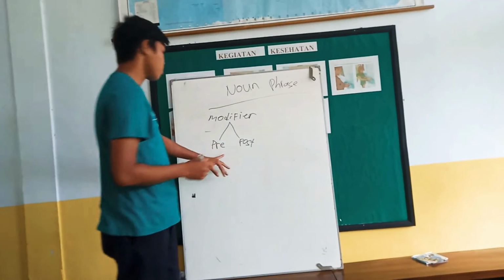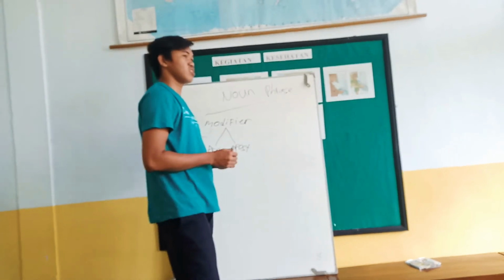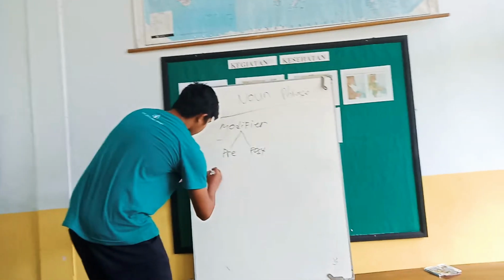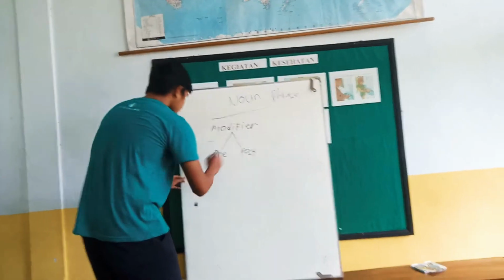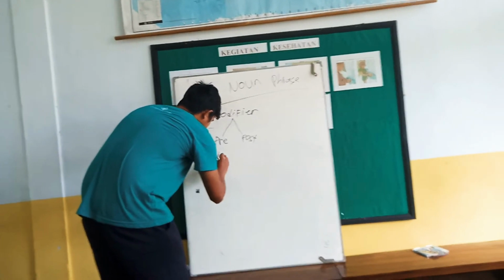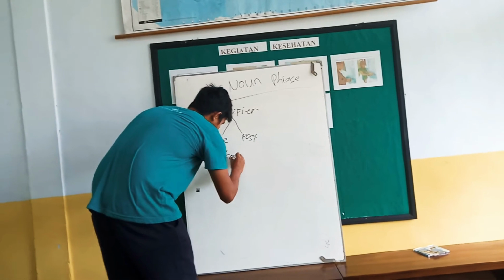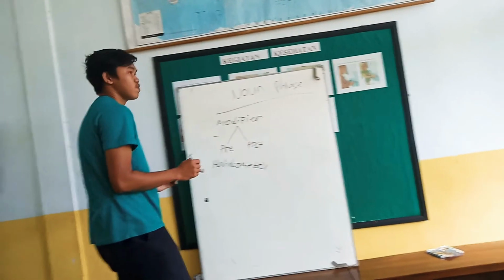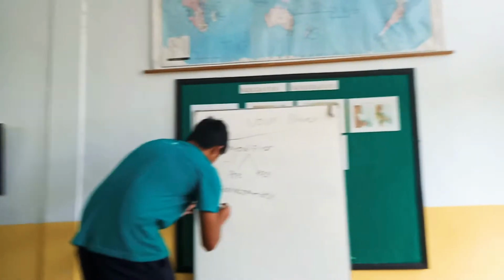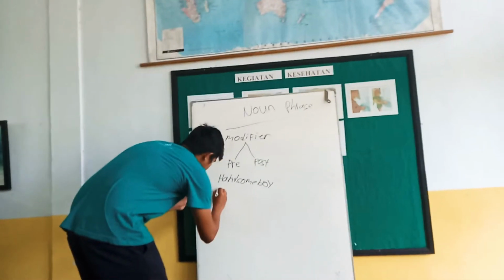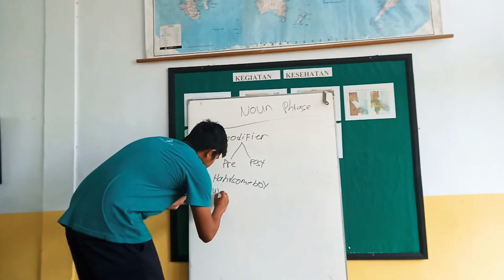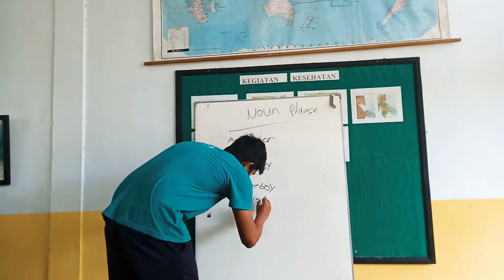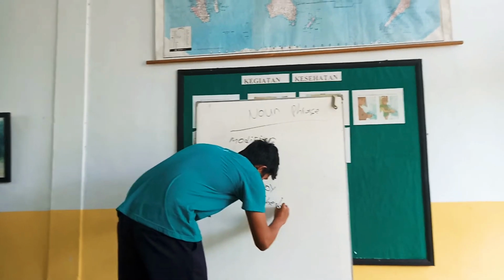A pre-modifier is located before the noun, for example handsome boy, and a post-modifier is, for example, walking in the dark.